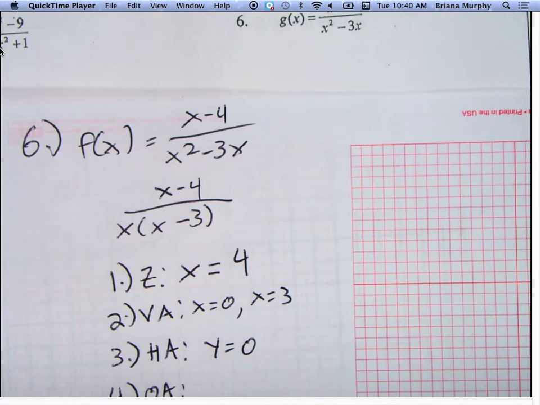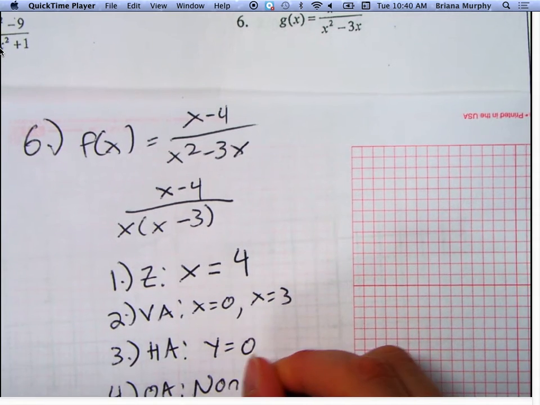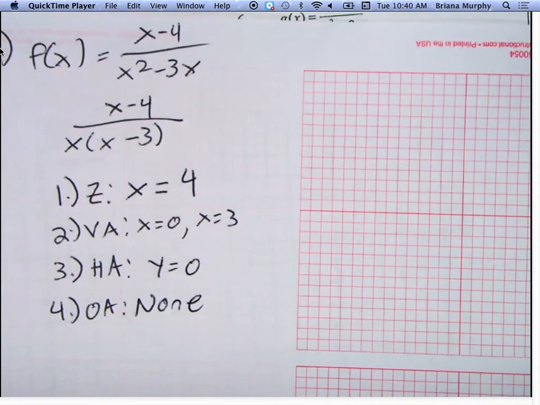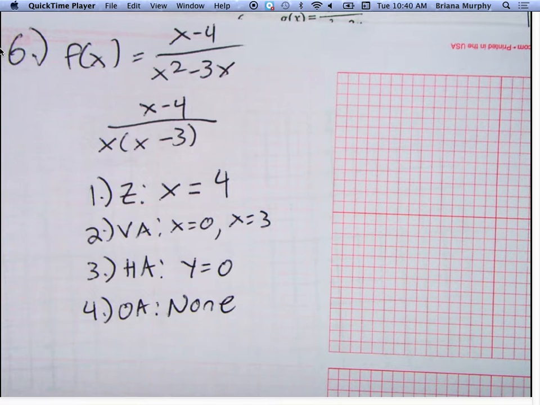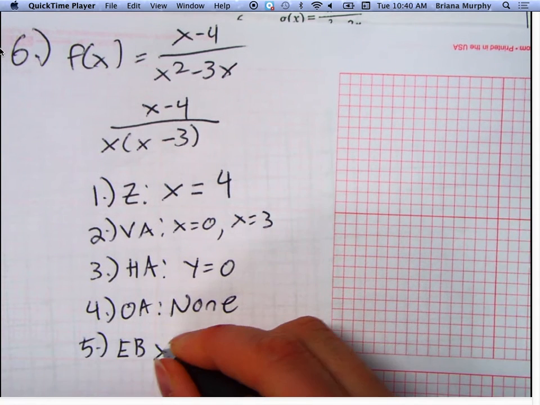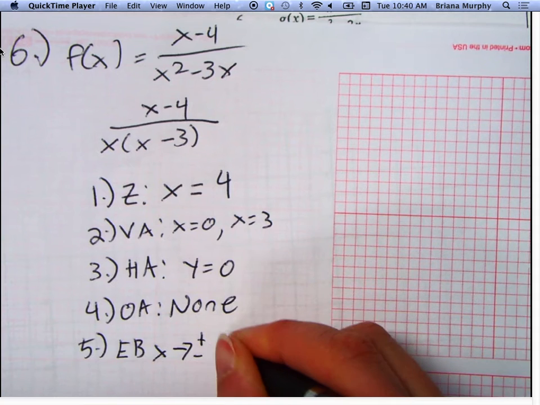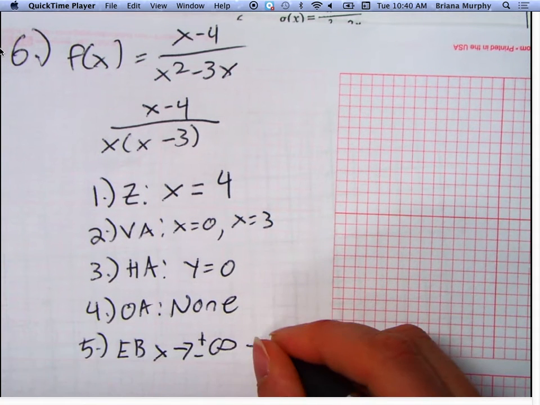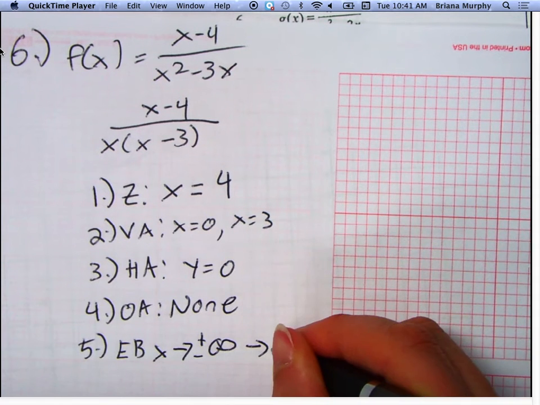Yes or no? No. The degrees, the exponents for the top and the bottom are not. So it's none. There is no oblique asymptote. That's nice. We don't have to divide, right? Okay. Number 5, end behavior. As x approaches positive and negative infinity, y approaches what? 0.